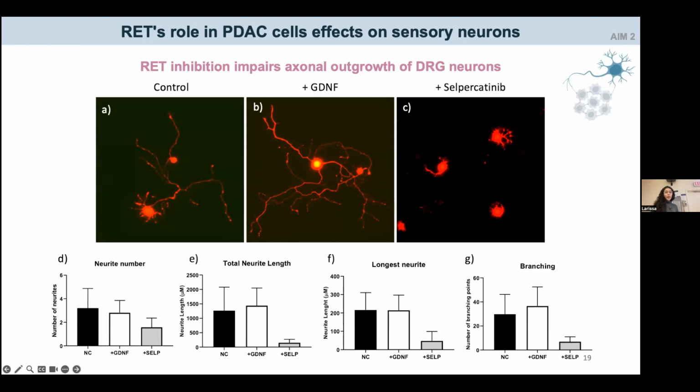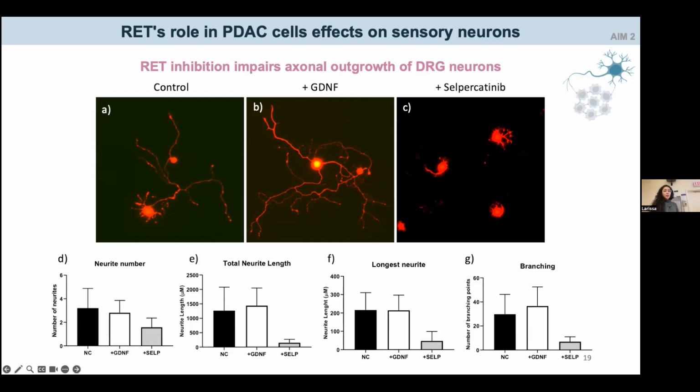So we want to evaluate the specificity of RAD activity in promoting neurite formation by treating isolated DRG neurons with GDNF, artemin, and sapropcanin. By including artemin in our experimental design, we aim to understand whether the observed effects on neurite formation are specific to the different GFR-alpha receptors.